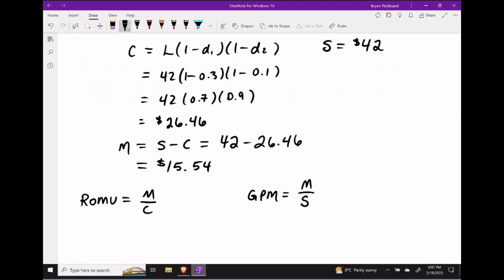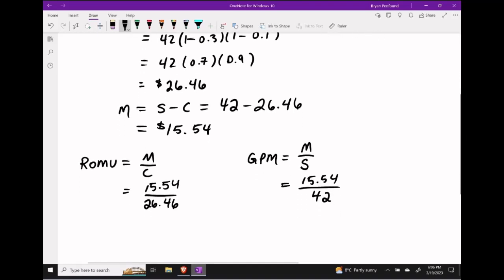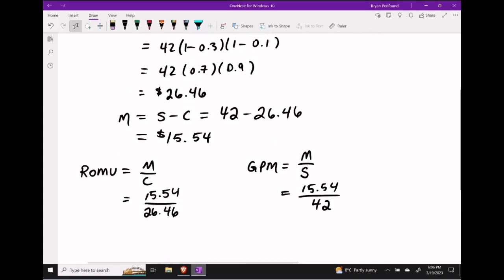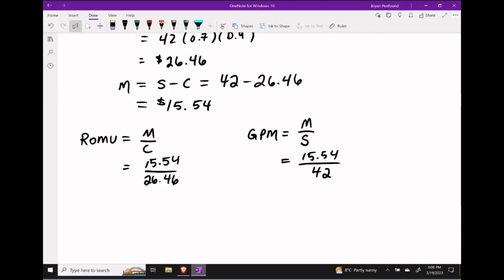$15.54. Now, currently with the three numbers that we do have, we can calculate the rate of markup on the cost and the rate of markup on the selling price. Taking our markup of $15.54 and dividing by the cost price of $26.46, and rounding this correctly to 4 decimal places, we get about 0.5873.